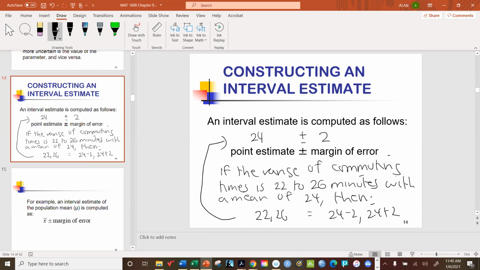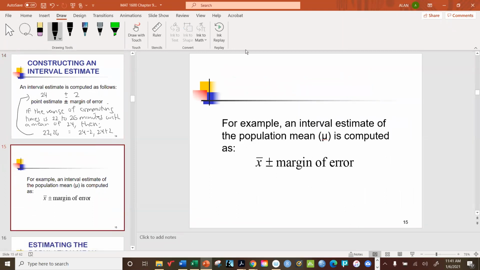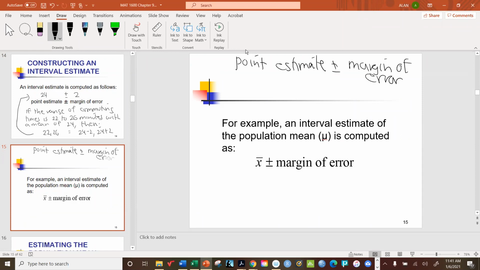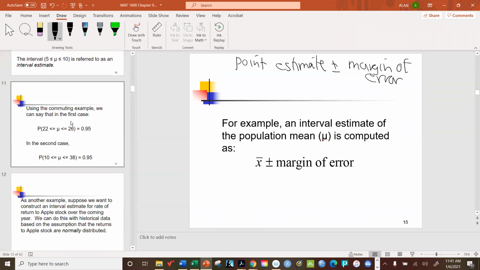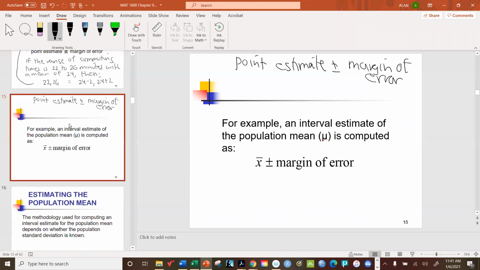For the second case, remember, it ranged from 10 to 38. Big margin of error there. It was 24 plus and minus 14.